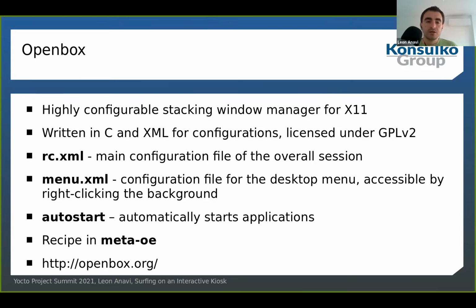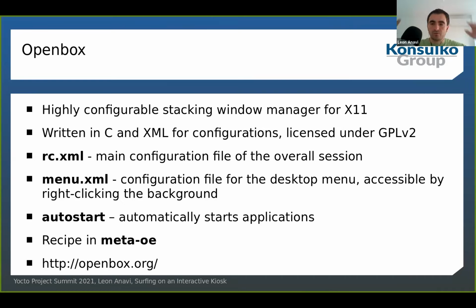It's written in C. XML is used for the configurations. There are several important configuration files that we need to customize in order to get the appearance that we want. And as I said, Openbox is highly configurable. That's really convenient. rc.xml is the main configuration file.